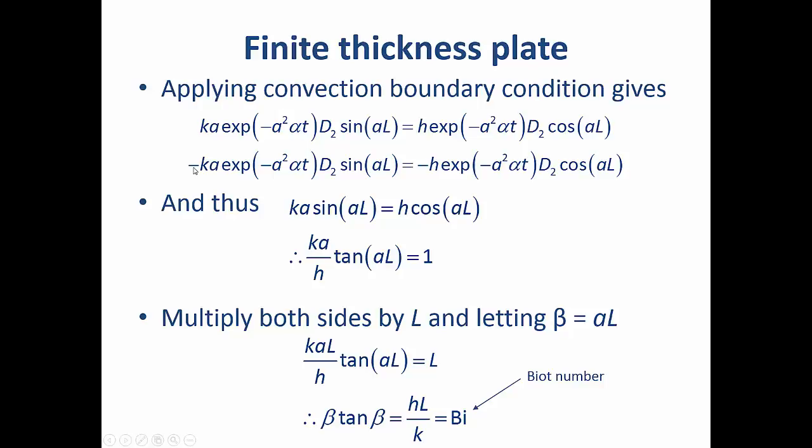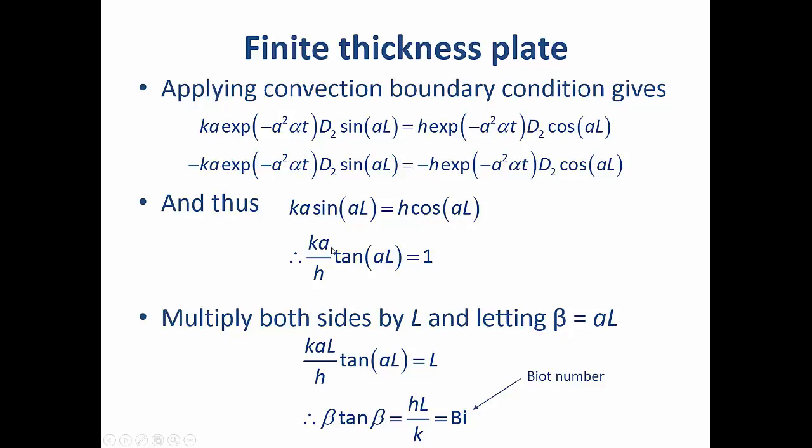On the bottom surface there are a couple of extra minus signs, but of course they will cancel out to give exactly the same equation. And also, of course, in both equations you have on the left and the right hand side the exponent of minus a squared alpha t. So those terms will cancel out, and thus overall what we'll get from this equation is that k a sine AL equals h cos AL.